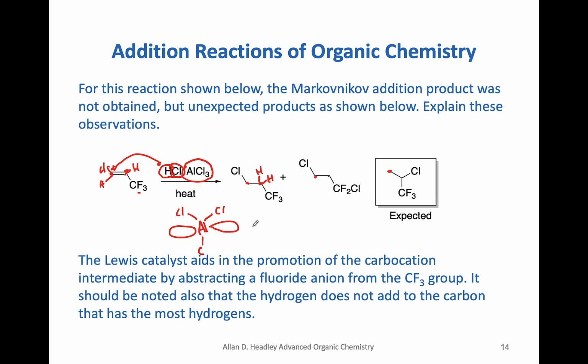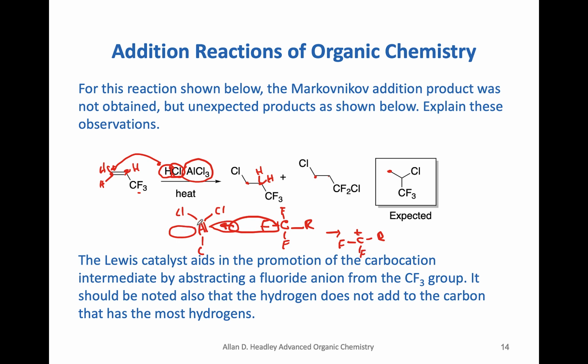So if you had F bonded to C, F, F, and R, for example, you can see that this would bond to this vacant orbital, leaving here R, C plus, and of course F and F. So it creates the carbocation by abstracting a fluoride anion.